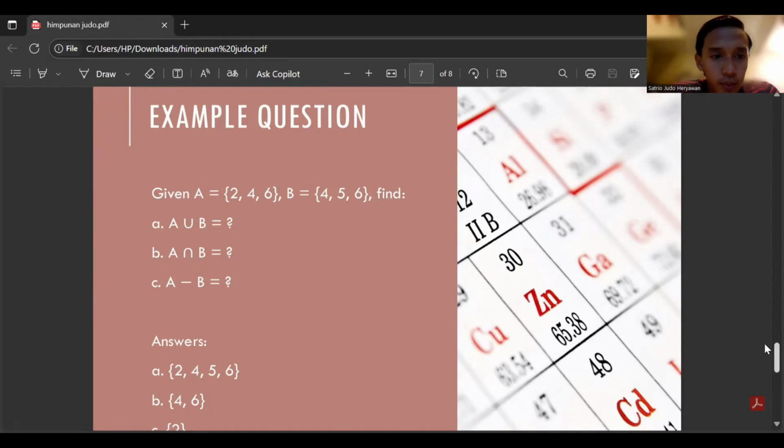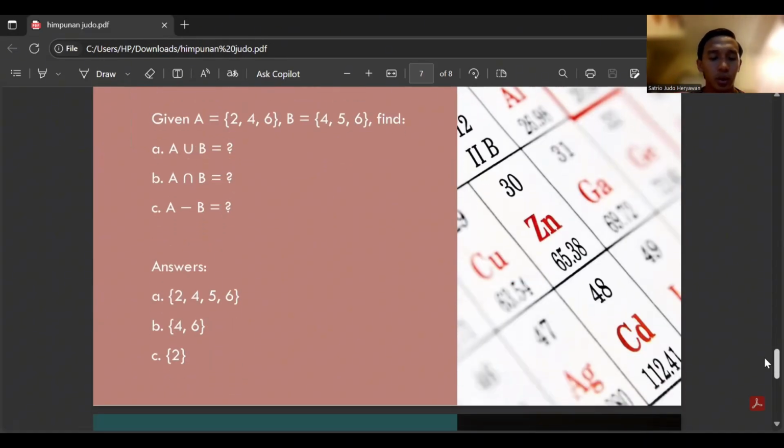A union B is 2, 4, 5, 6 because it is union. A intersection B is 4 and 6 because it is intersection.